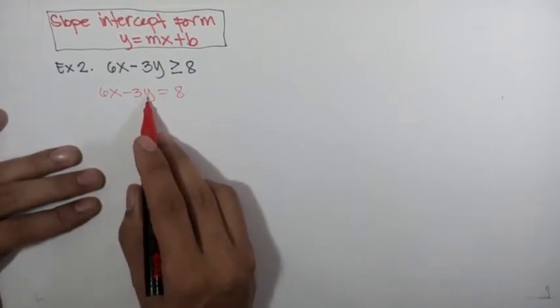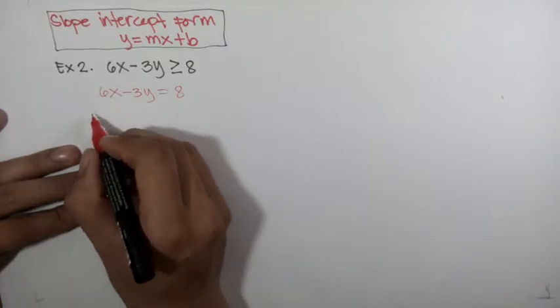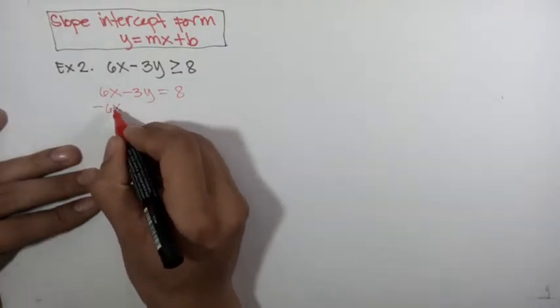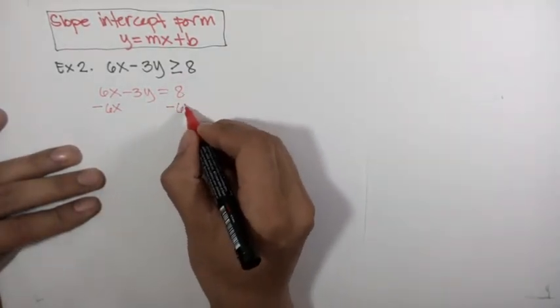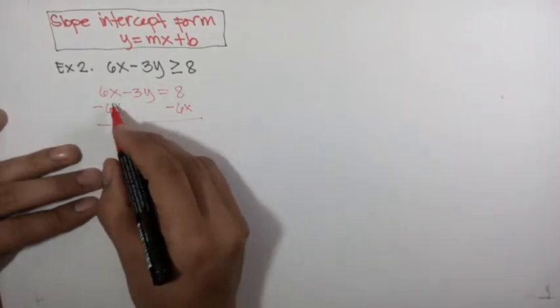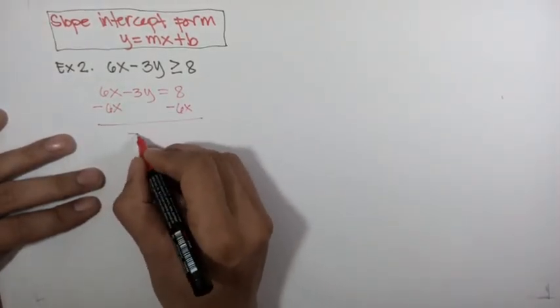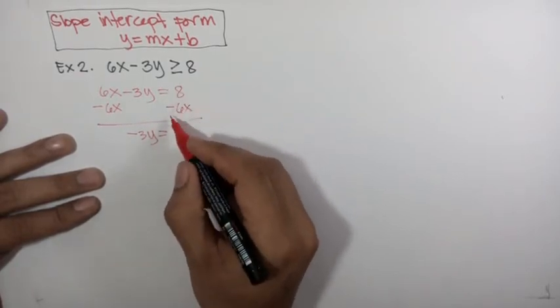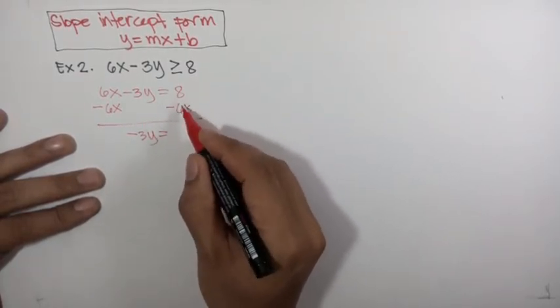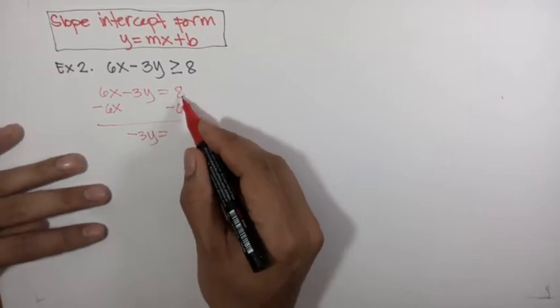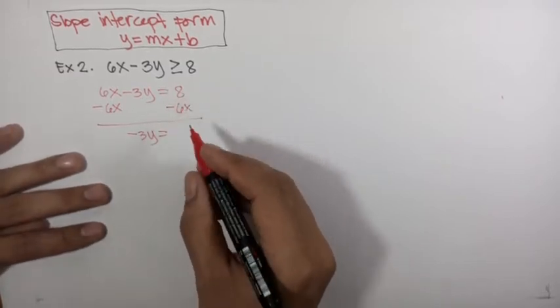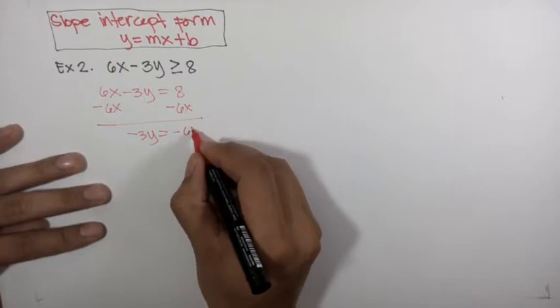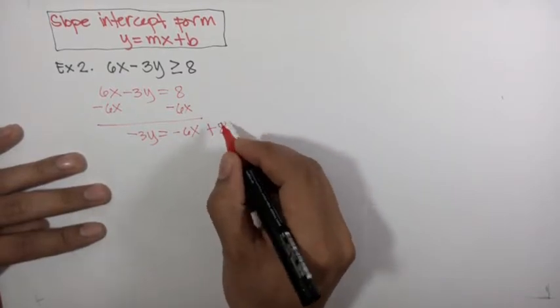So this will be added by negative 6x so that it becomes 0. Do the same on the other side. Add them. This will be 0 and you have only negative 3y equals 8 plus negative 6x. You cannot add these two again because they are not like terms. 8 has no variable x. So just write negative 6x plus 8.